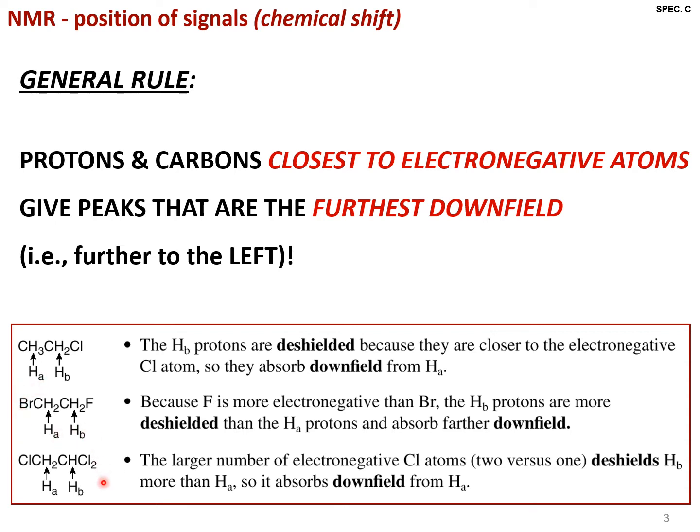In the example at the very bottom, we have 3 halogens attached to the molecule, all the same, but we have 2 halogens on this carbon and only 1 halogen on this carbon. So you would expect this carbon attached to 2 chlorines and this hydrogen attached to the carbon attached to the 2 chlorines to be furthest downfield in the proton and carbon NMR, further downfield than these hydrogens labeled HA and the carbon attached to the only 1 chlorine.